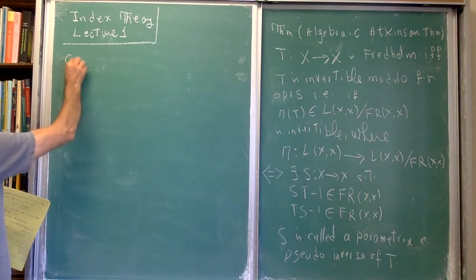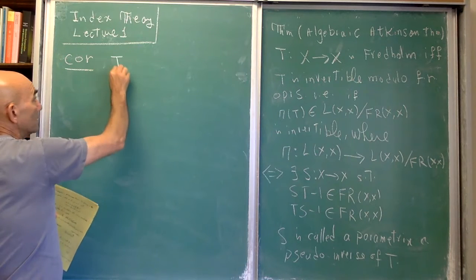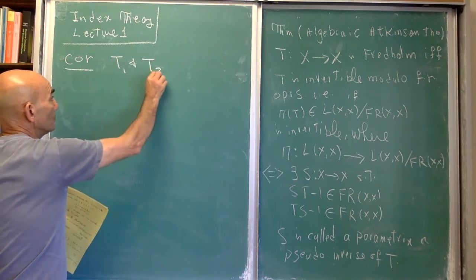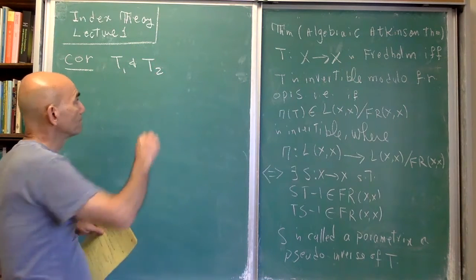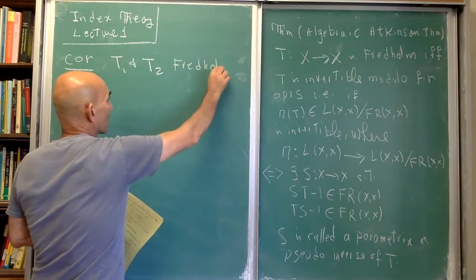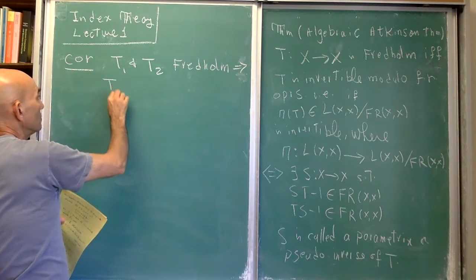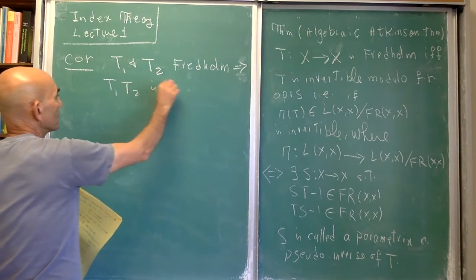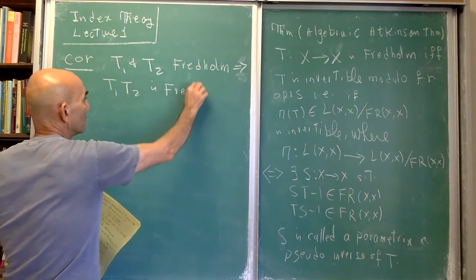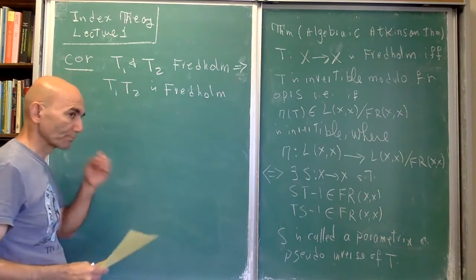So the corollary is that T1 and T2 Fredholm implies that T1 T2 is again Fredholm.